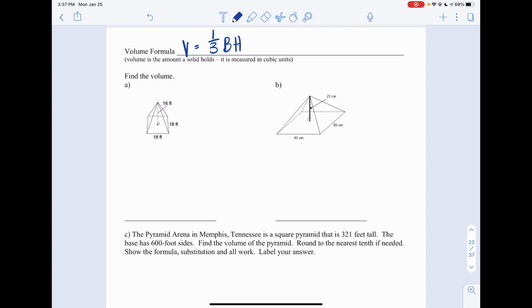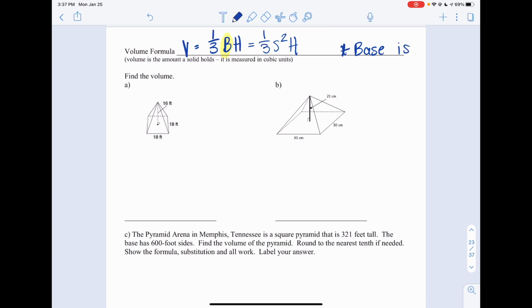Now, our B, which is the area of the base, can change according to what pyramid we're working with, okay? In order for me to find that area of a base for our square, that is just 1/3 times S squared times height, okay?